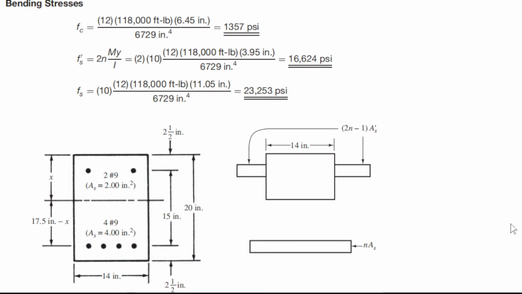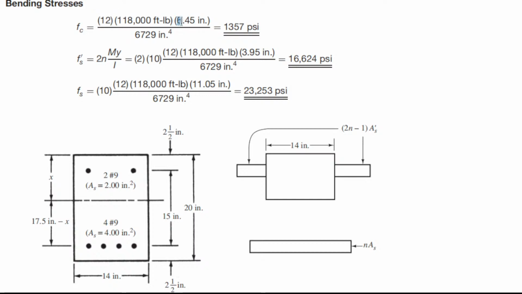What is 12? This is just the conversion factor of 12 inches per 1 foot, converting feet to inches, because these are inches and this is foot, so that everything would be in inches. So pound per square inch, that is psi. We are using M equal to 118.